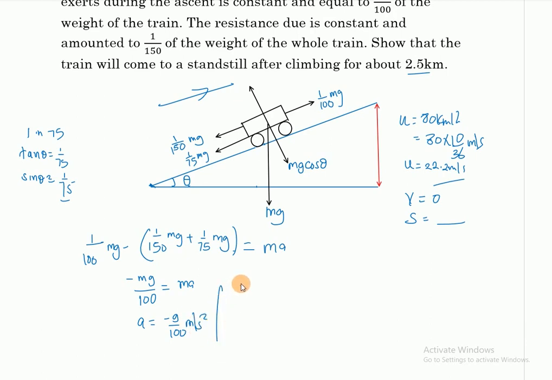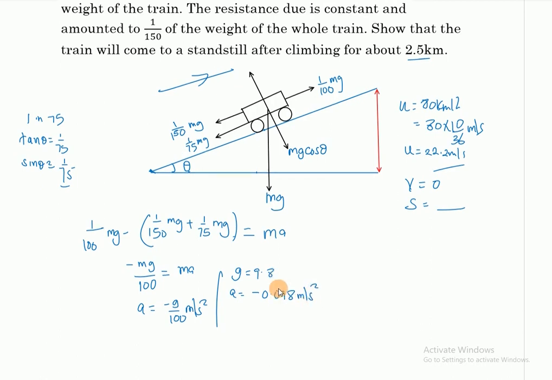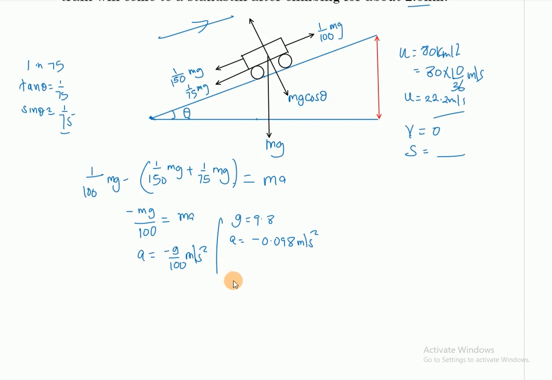But remember g is equal to 9.8. So 9.8 over 100, it means that a is equal to negative 0.098 meters per second squared. Now after getting that as the value of a, we use that v squared is equal to u squared plus 2as.